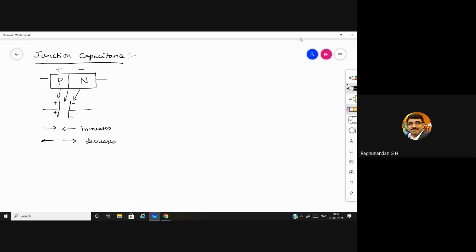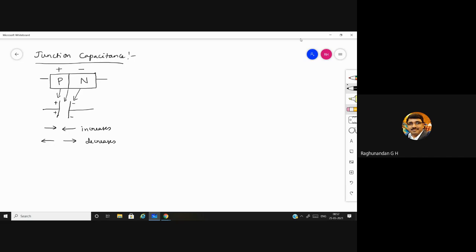We are considering P as one plate and N as another plate, just assuming it. Can you tell me when the P and N layers move away, and when they move closer together? Forward bias and reverse bias. Yes, in forward bias they will move closer, and in reverse bias they will move away.